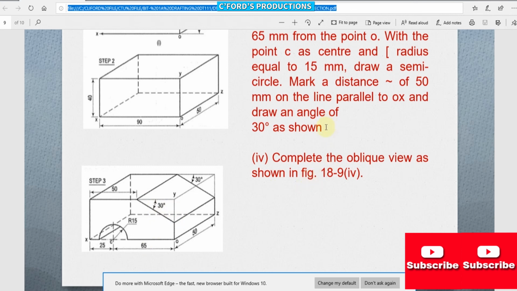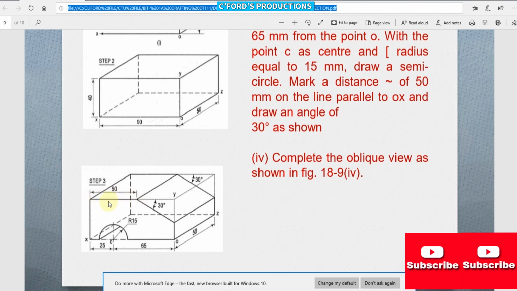So, mark a distance of 50 mm on the line parallel to OX. Okay, parallel to OX. And then from X, we'll create 50.